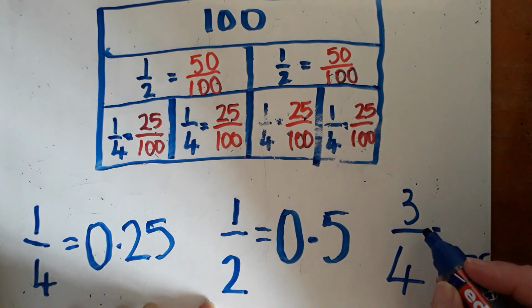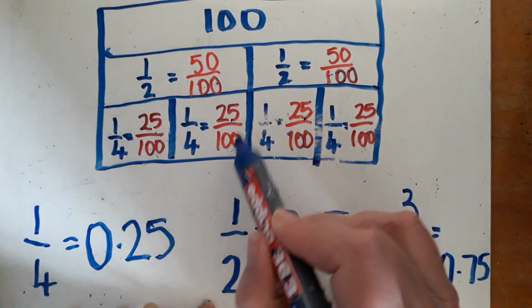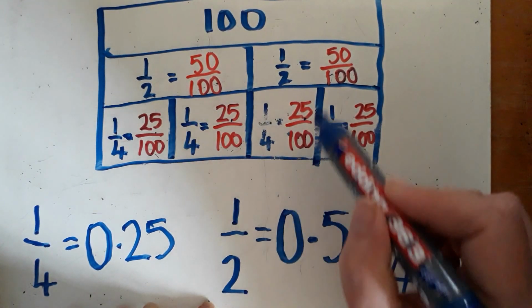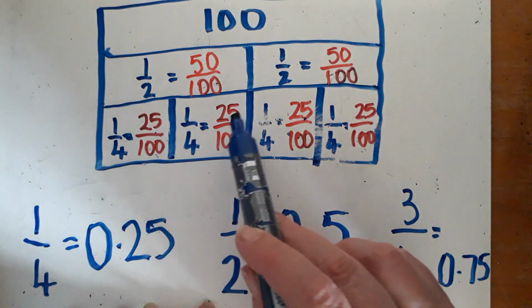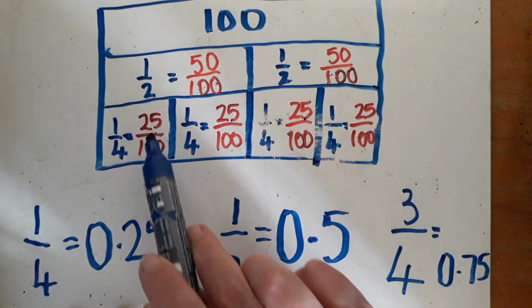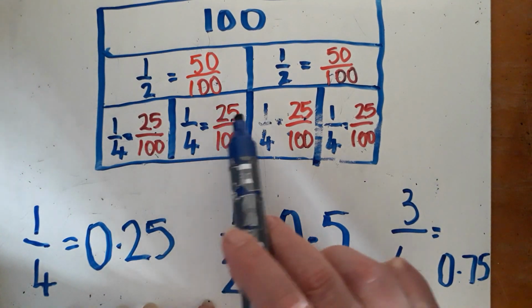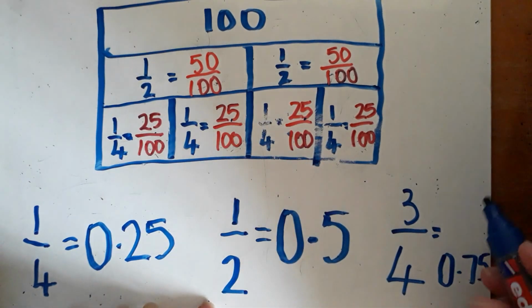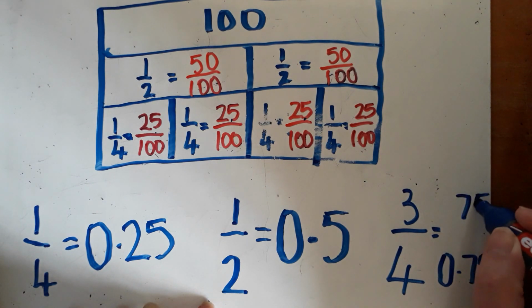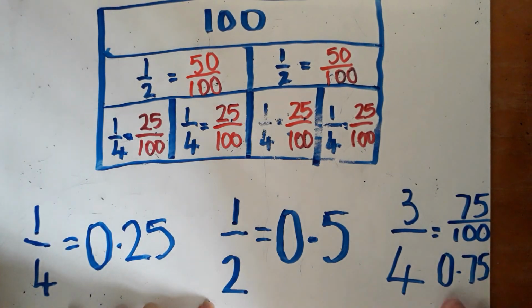If you don't know where it came from, I've got this quarter, 1/4, 2/4, 3/4. Each quarter is worth 25 over 100. So 25 over 100, add another quarter would give me 50 over 100, add another quarter would give me 75 over 100. So I can actually help you a little bit by writing 75 over 100 there, which is the same as 0.75.